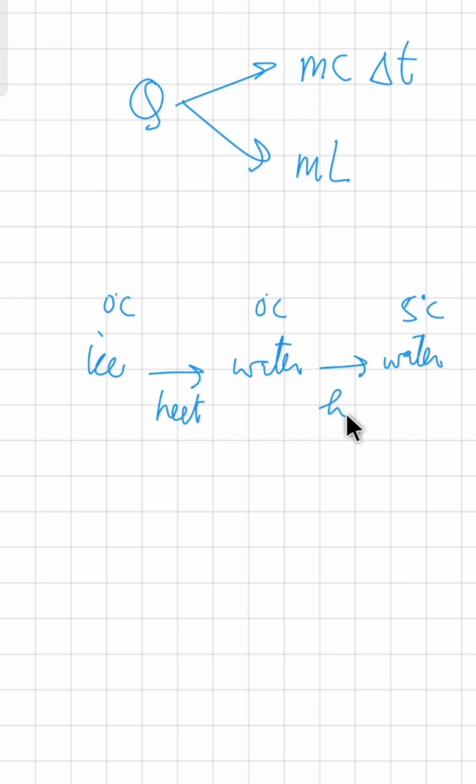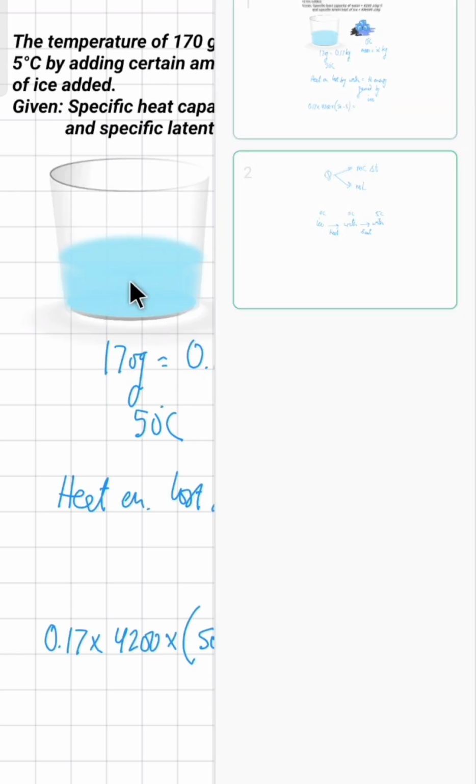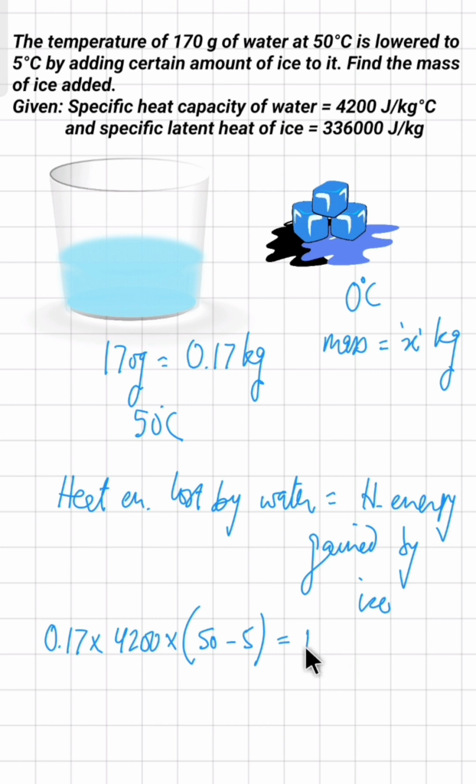Then if you provide more heat to it, it changes its temperature but not state. I hope you're getting it. So for ice, we have to use both formulas, mL as well as mc delta t, because when you add ice to water, first it is going to change its state. So for that we use this formula, and then it is going to change its temperature. So for this we are using this formula.